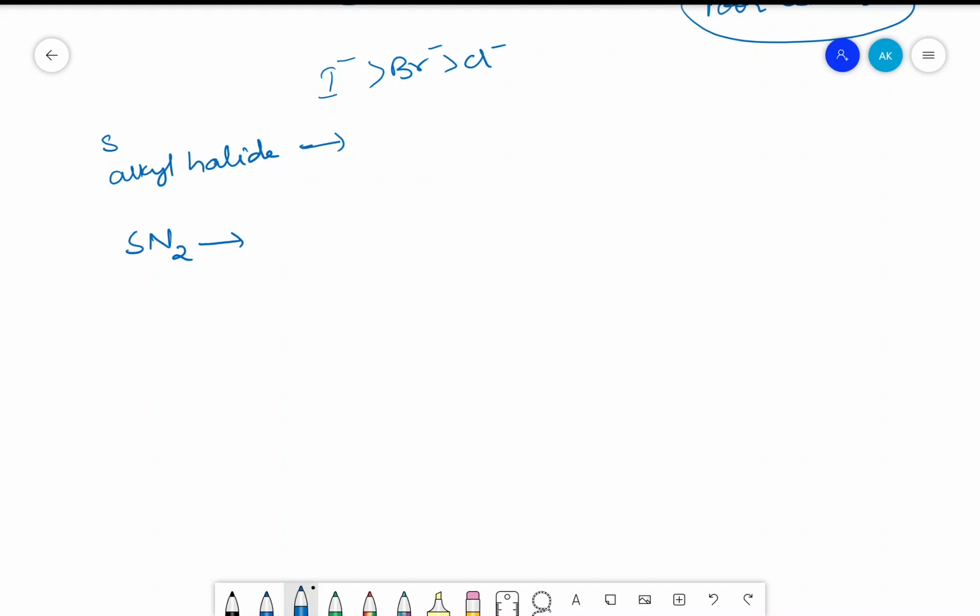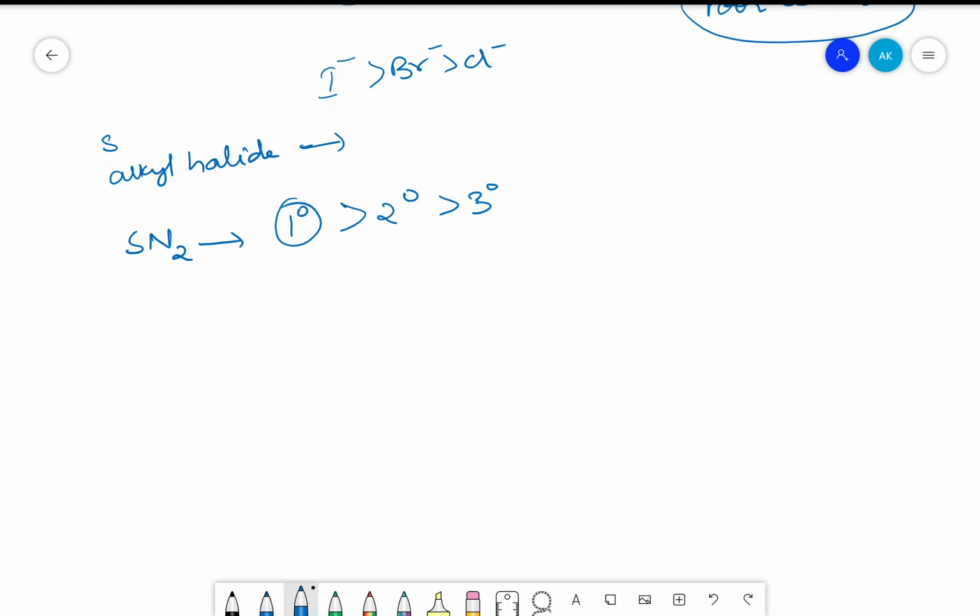As we have seen, primary alkyl halide will be more reactive, followed by secondary, followed by tertiary. Tertiary alkyl halide is less reactive than primary or secondary, since the presence of three alkyl groups linked to the reaction center lowers the electrophilicity of the alkyl halide by inductive effect.